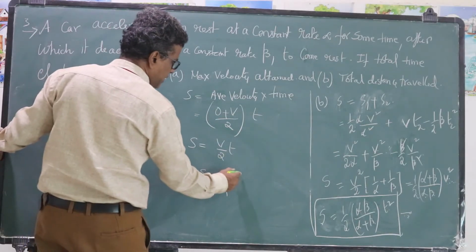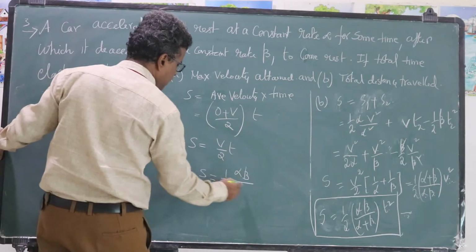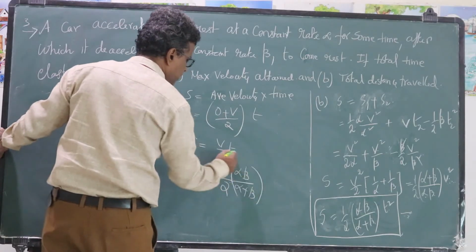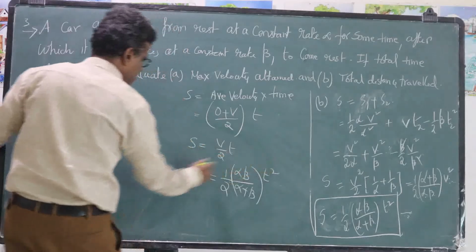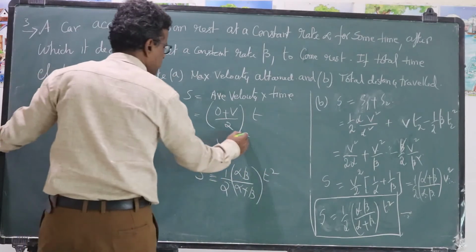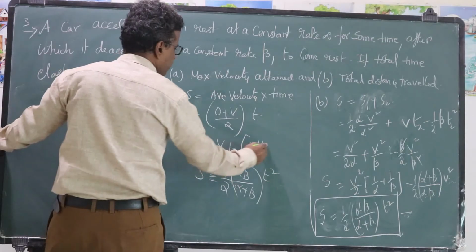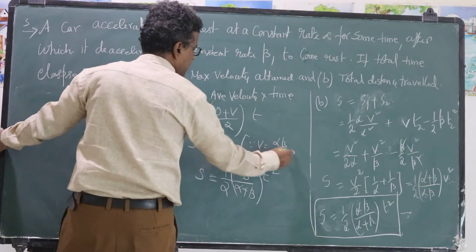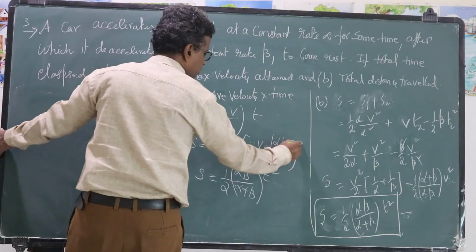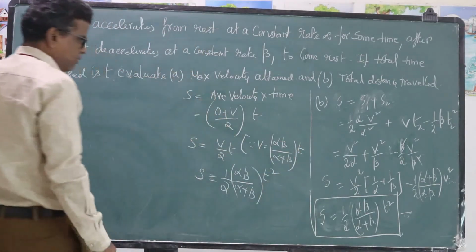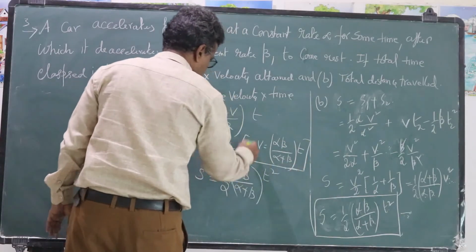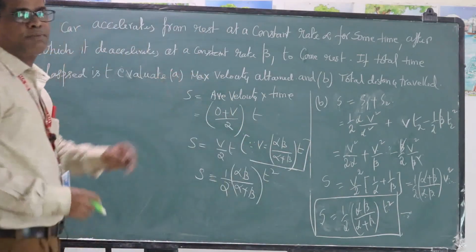We got it as alpha beta by alpha plus beta into t, so t into t gives t square. Thus we also get this one. So this is the solution for this problem.